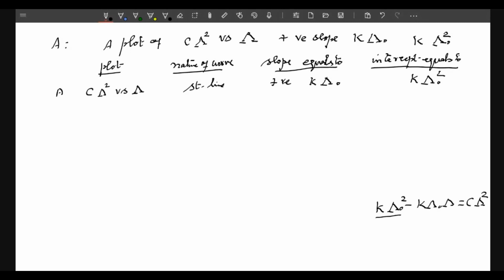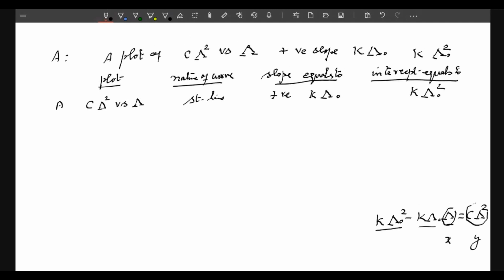Now I have told you that this is a constant and this is a constant, this is a variable and this is a variable. It is in the form of y, x, m, and c. I have derived this one. From this, when in the y-axis C lambda square is taken, and the x-axis lambda is taken, you should get a straight line.